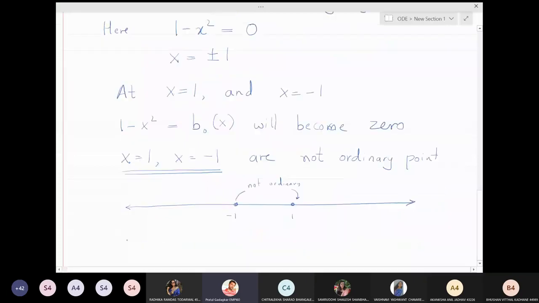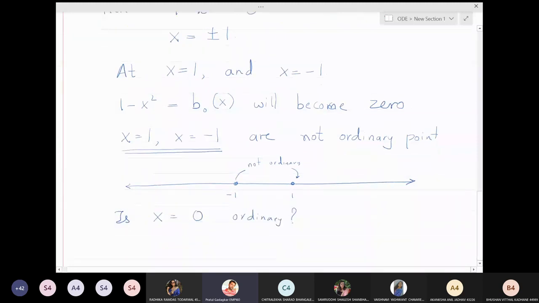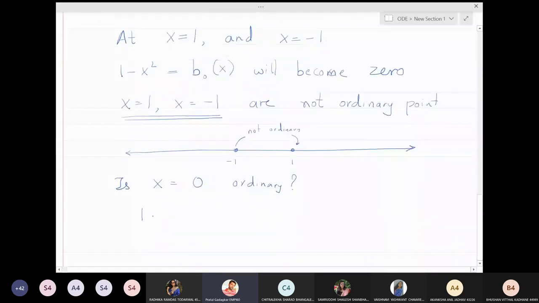Is x equal to 0 ordinary? The answer is yes, because if I put x equal to 0 in 1 minus x square, I get 1 minus 0 square, which is 1, not equal to 0. Is x equal to 2 ordinary?